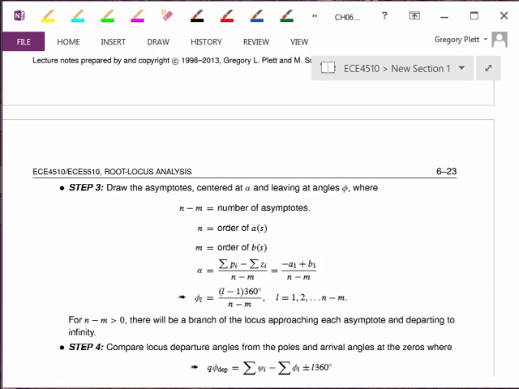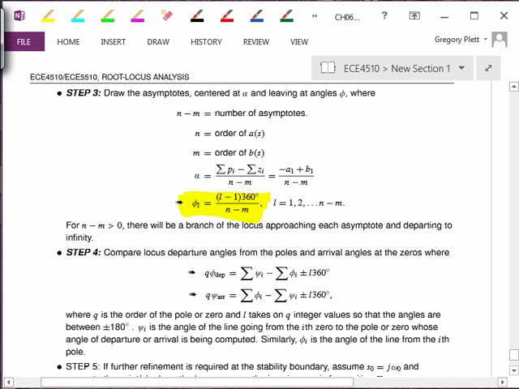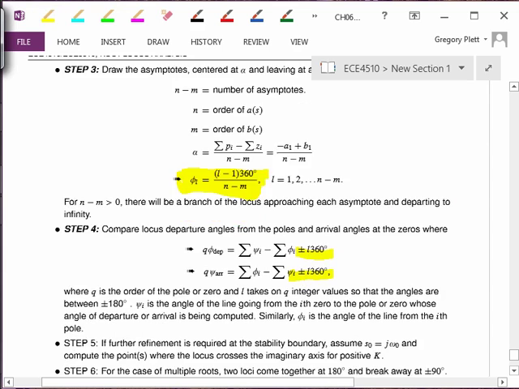If you compare very carefully what we have here to what we had before, you'll notice n minus m is the number of asymptotes. That's the same. The alpha is the same, but the angles are different, and so you have to keep that in mind. If you're looking at the departure angles, again, there's a slight difference there. There's no minus 180 degrees in here, so that's slightly different.